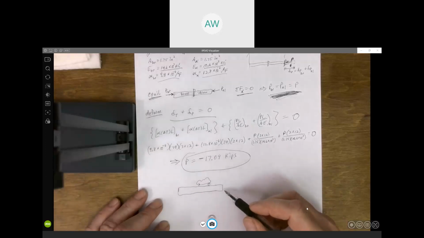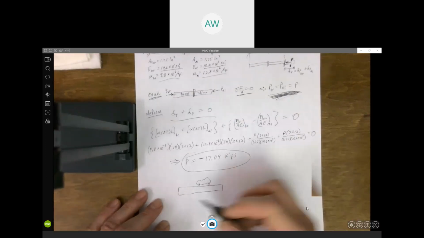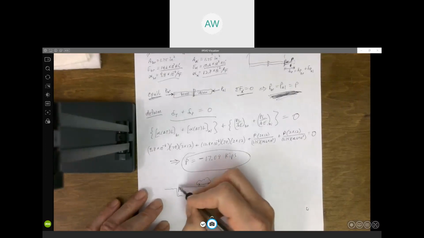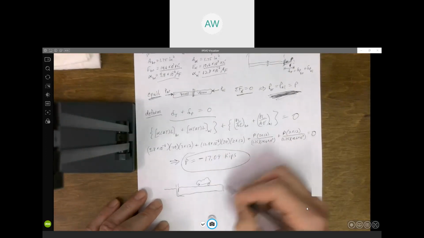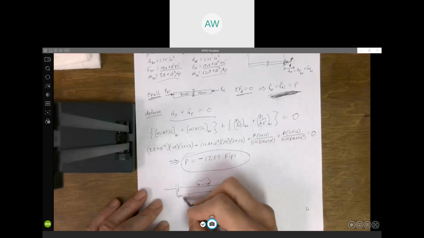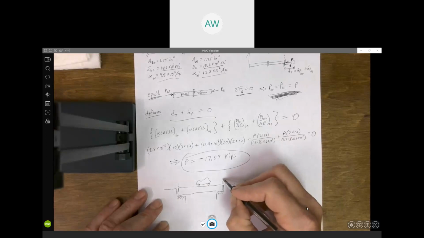Well, if you look at the end of those, it's not attached, right? There's actually a gap here. It's going to be resting on this thing, but you're going to see this little gap here.